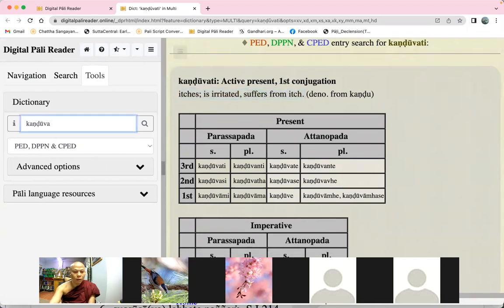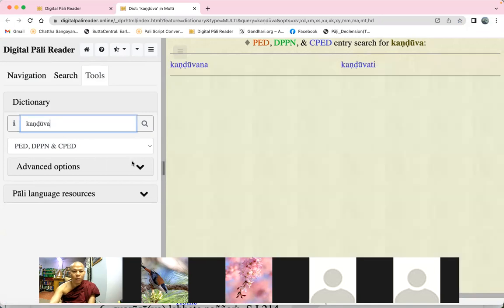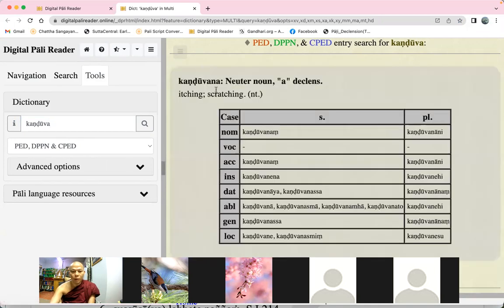Actually, maybe it is scratching, you see. Scratching. So maybe you can do kaṇḍu, not kaṇḍuvamāno, or something like that. Can do kaṇḍu, not mano, scratching.